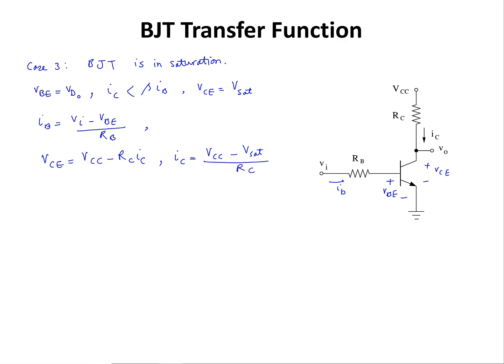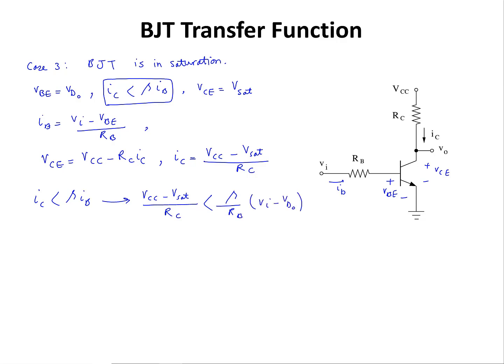Now I'm going to use this inequality to find the range of VI for which the transistor operates in the saturation. IC is less than beta times I base. From here I have VCC minus VSAT divided by RC is less than beta divided by R base multiplied by VI minus VD naught.